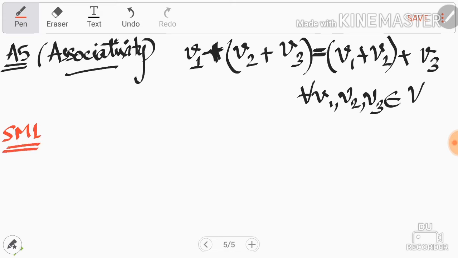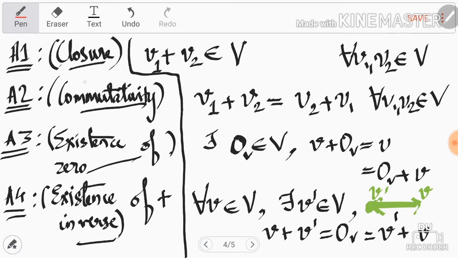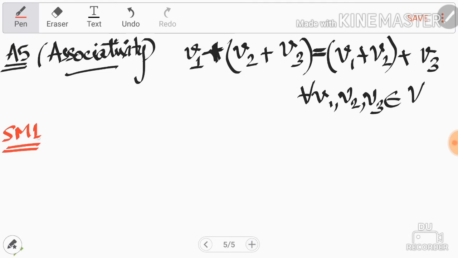Okay. So as we had in the vector addition, the closure property, we have in the scalar multiplication a closure property.